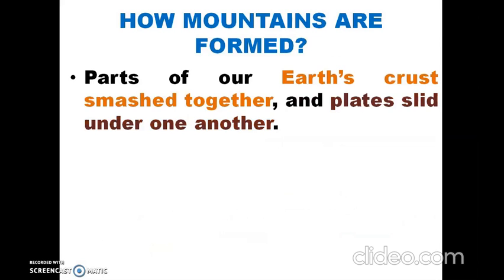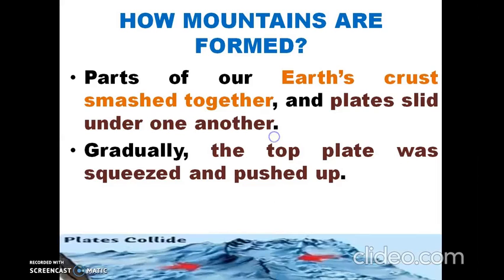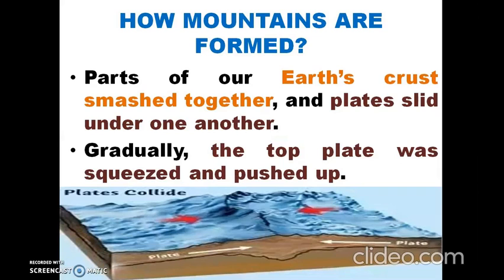Parts of our earth crust smashed together and plates slid under one another. Gradually, the top plate was squeezed and pushed up. So how did the earth crust smash together? We have an earth crust. A part of our earth crust smashed together means it is crushed together, or they hit together.